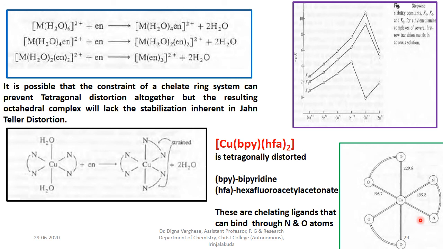This indicates that there is severe Jahn-Teller distortion. Whenever there is a bond length difference in an octahedral system, with any 4 short bonds and 2 longer bonds, this means that they are tetragonally distorted.